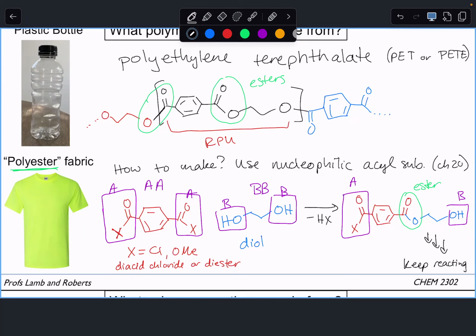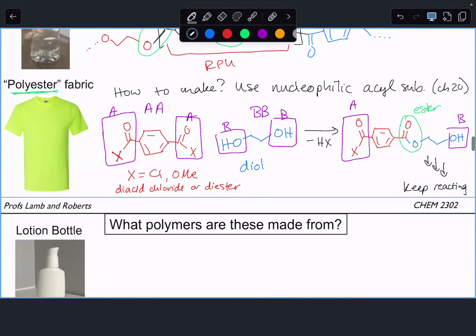So again, the reactions that we learned in this class, I promise, are actually used in real life. This is how all of that polyester is made, even in industry. So that's cool. That's polyethylene terephthalate, or PET. Very, very common polymer that we use every day, but not as common as this next one.